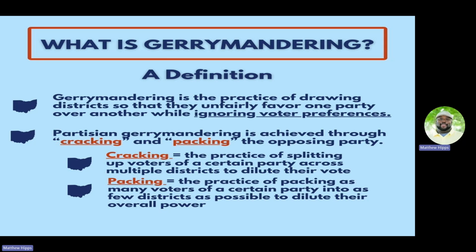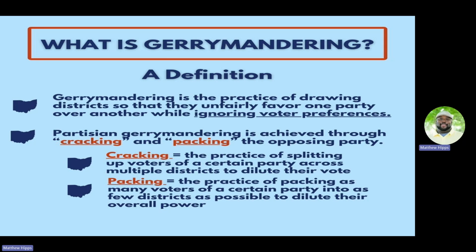Basically, the party that's in power tries to draw the lines in ways that minimize the power of the minority party. If we're talking about the current political climate, where Republicans control a bunch of state legislatures and the White House, they want to draw lines to ensure that Republicans are going to be able to keep and stay in power.